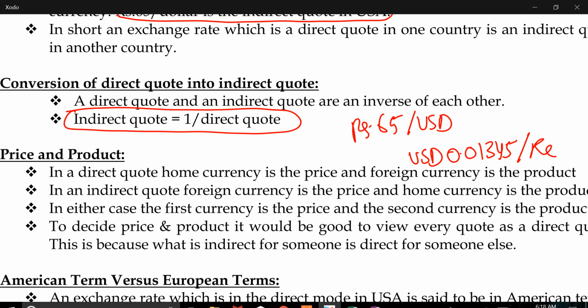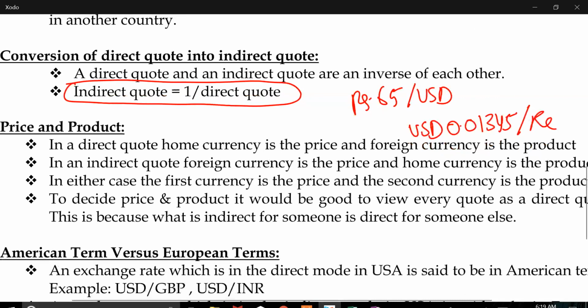If you go to the market and they tell you apple 1/20 per rupee, apple 1/20 is the price, and the product being bought and sold is rupees. So in a quote, the first part is the price and the second part is the product. Clear? Any doubts on this?